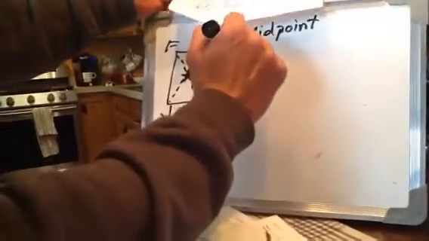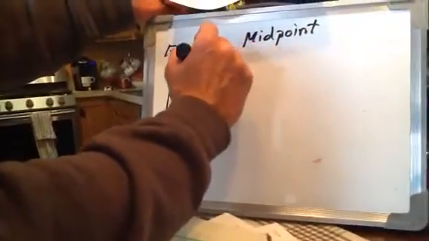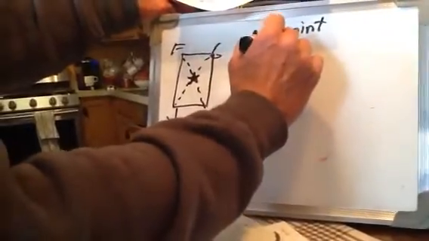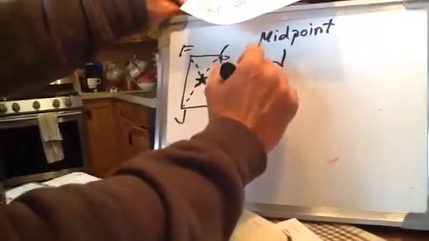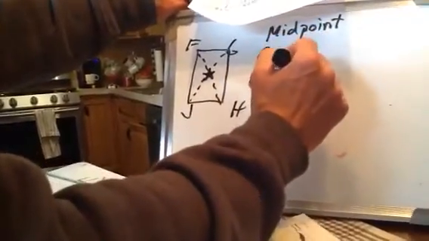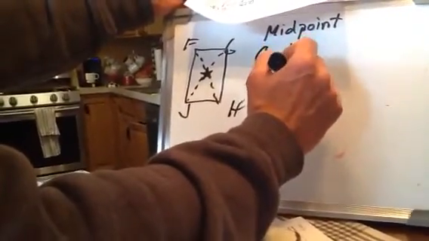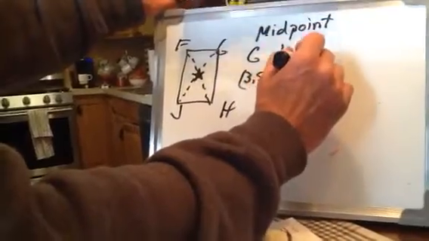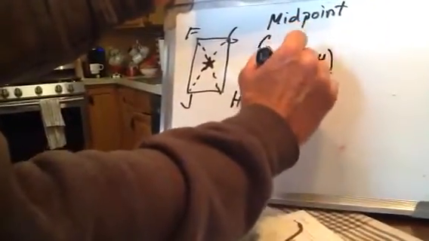The midpoint. So I'm going to do G to J first. G, my coordinates are 3, 5. The ordered pair for J, I'm just double checking, watch your negative signs, is -3, -4. Can we still read them?